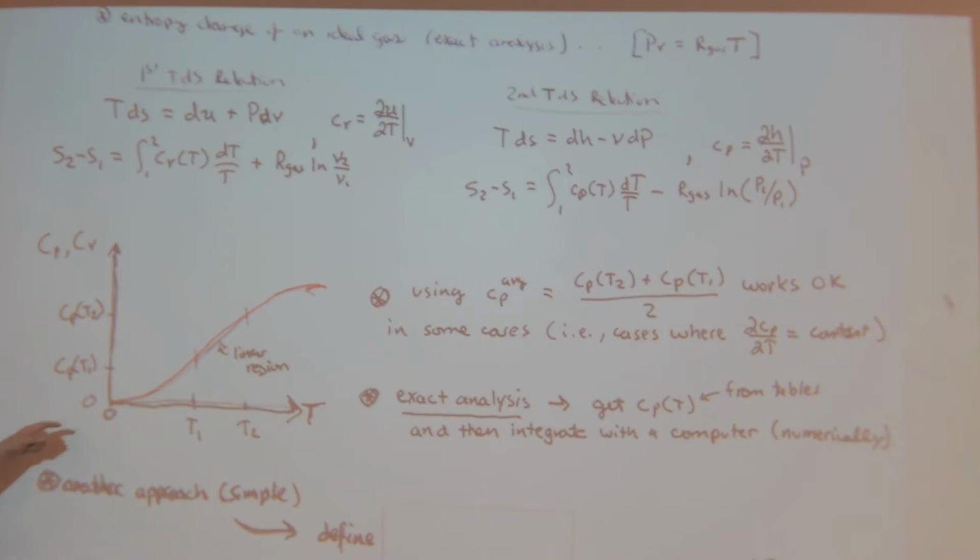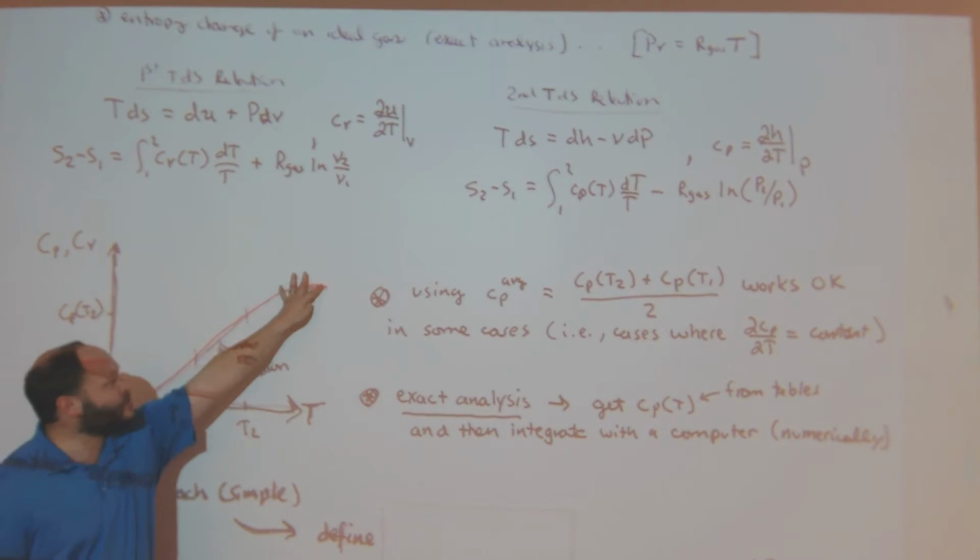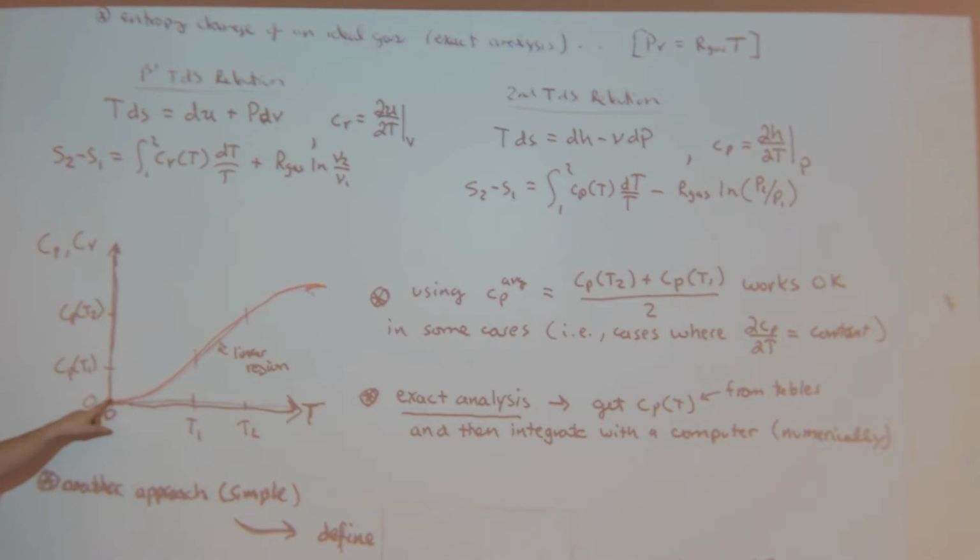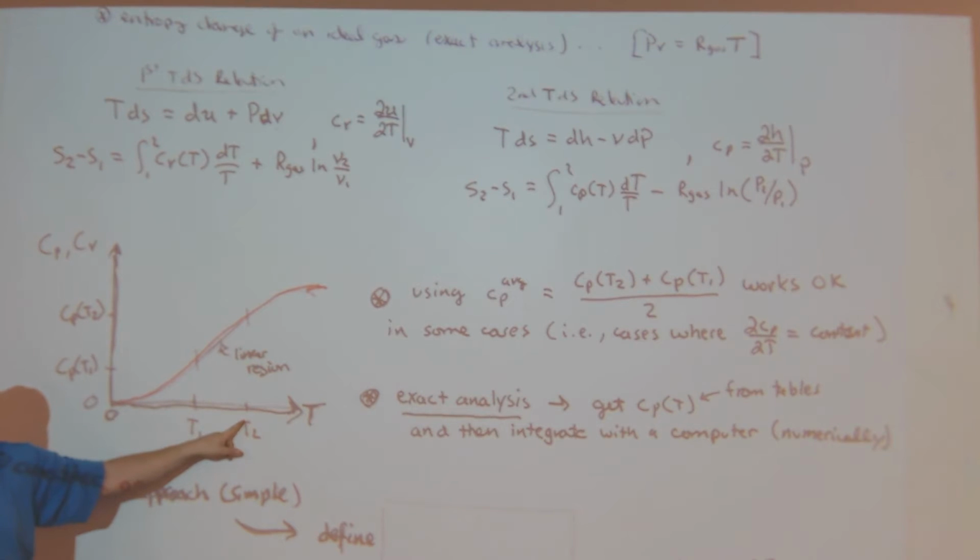So say this is water, and it looks something like this. Forget about this region over here for the time being. We have water at atmospheric pressure, and T2 is 100 degrees Celsius, or 373 Kelvin.